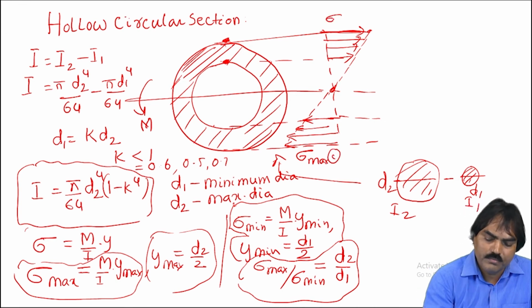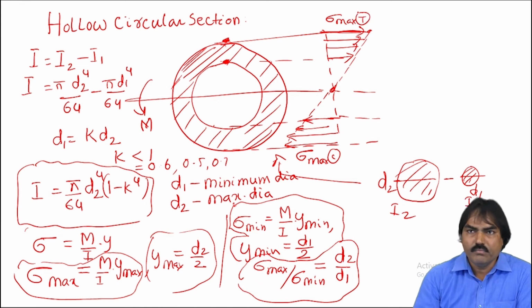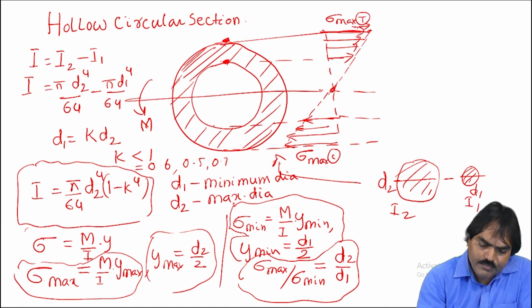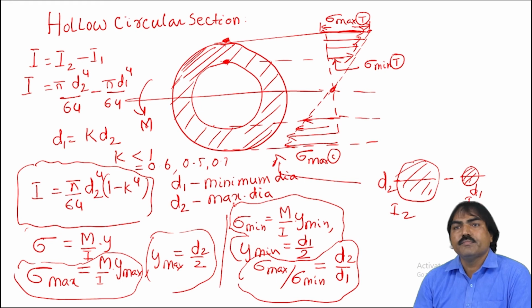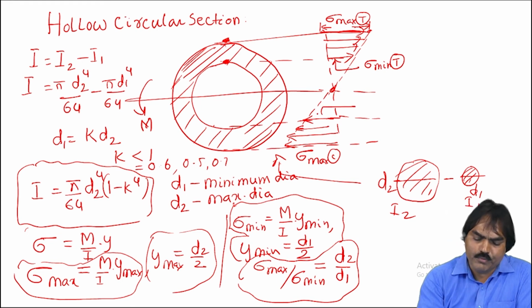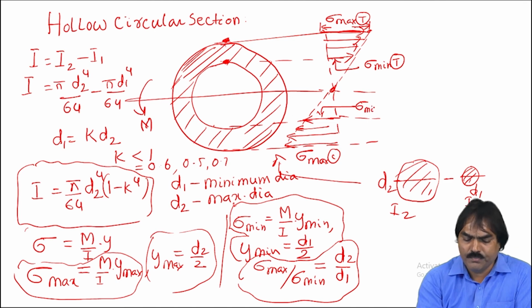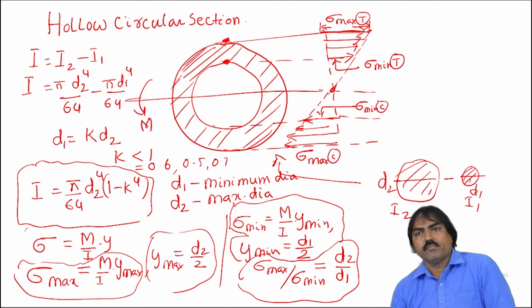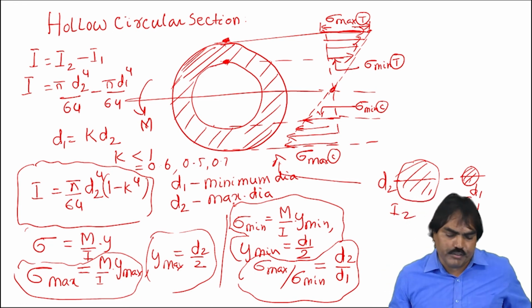Here, top, sigma max tension. This much value. Now this value is sigma minimum tension, whereas this value is sigma minimum compression. This is the bending stress distribution for a hollow circular section.